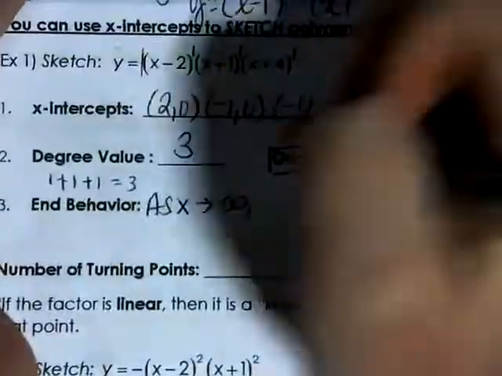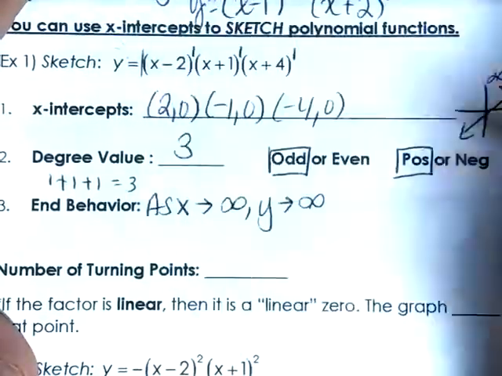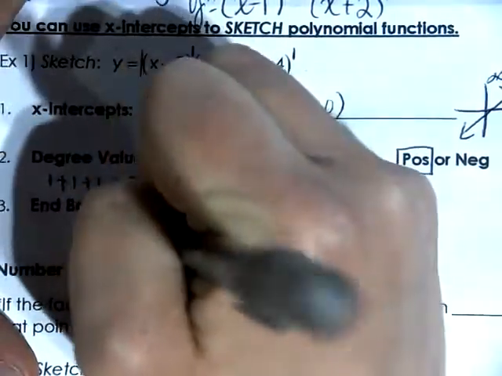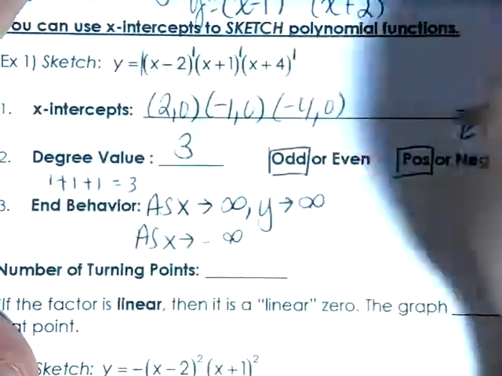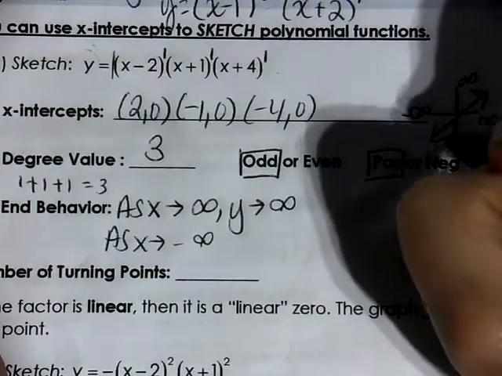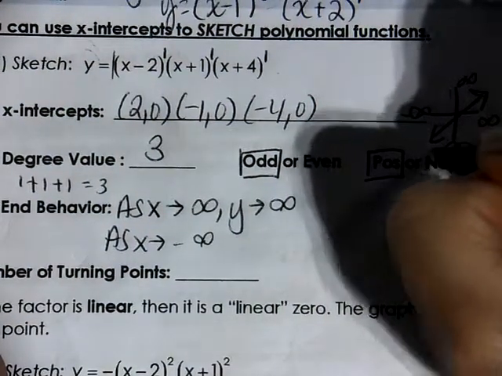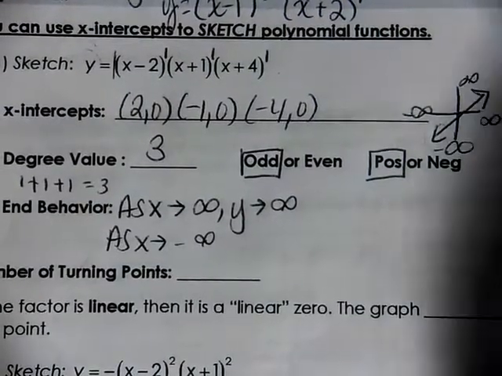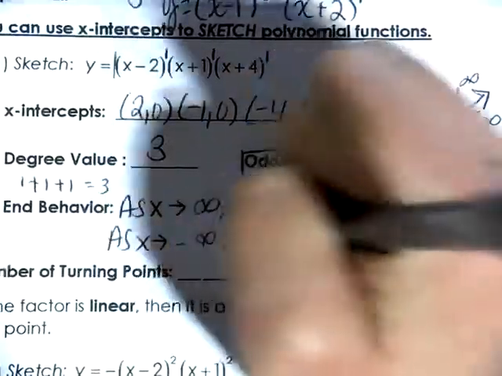Y approaches positive infinity. And as x approaches negative infinity, that's looking at the left side of the graph, we have an arrow pointing down, which means that our graph is approaching negative infinity.